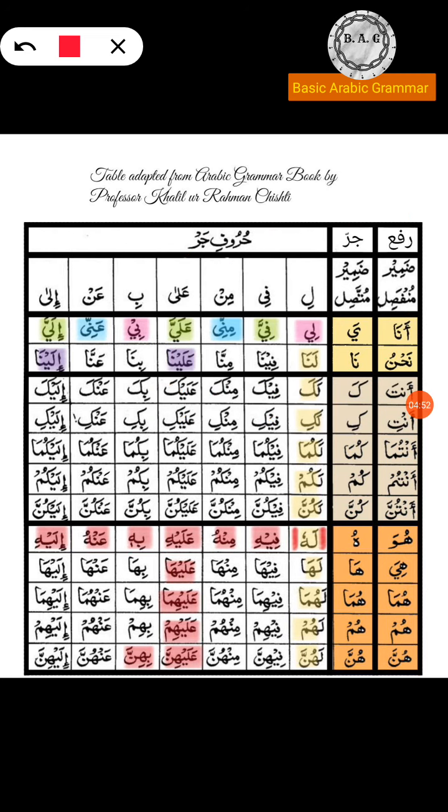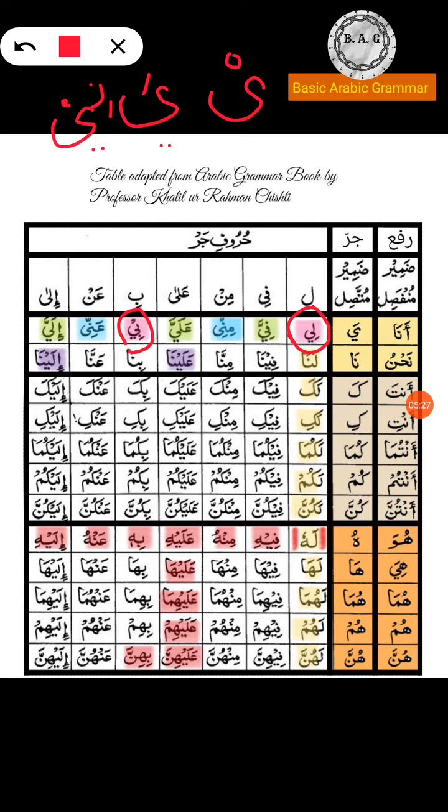First of all, I have grouped the similar ones together. We have li and bi. If you remember from our pronouns lesson, we studied that there are three variants of ya mutakallim. One is with sukoon, another is with fatha, and there's another one that is prefixed with noon with kasra and then sukoon.